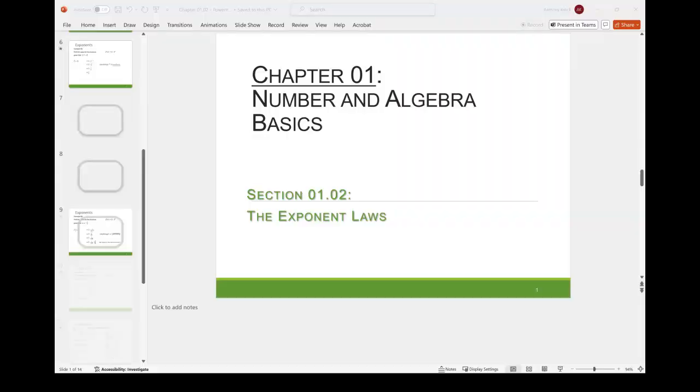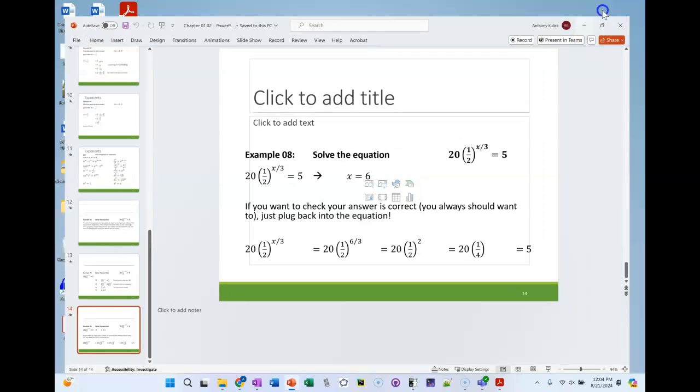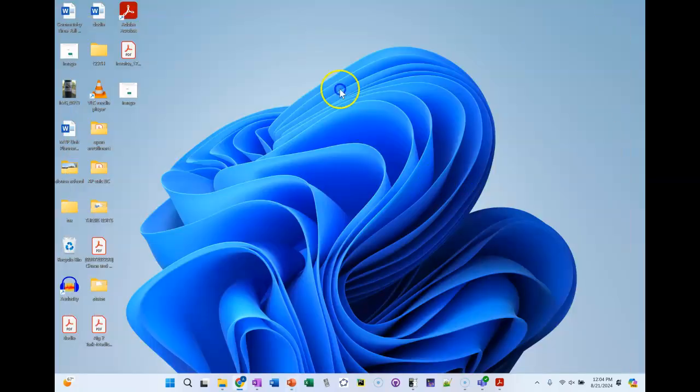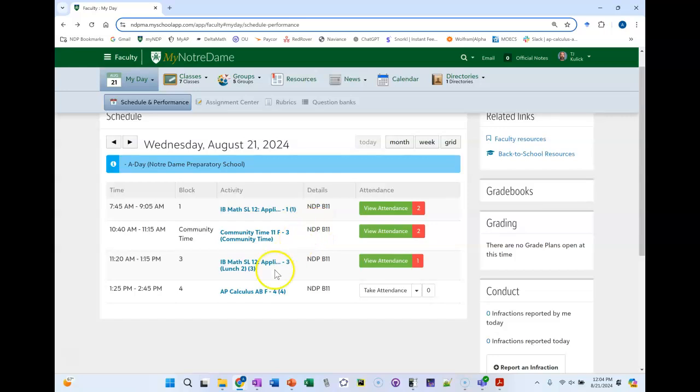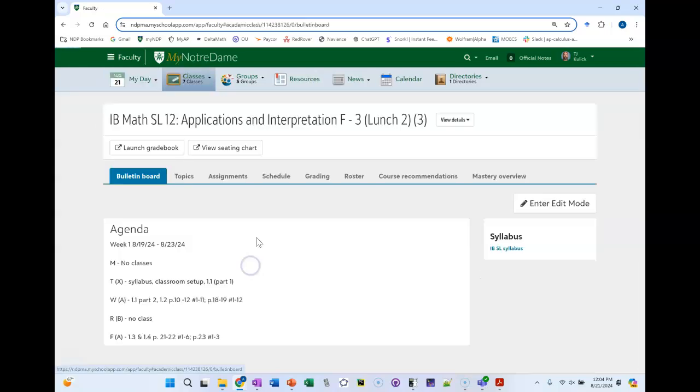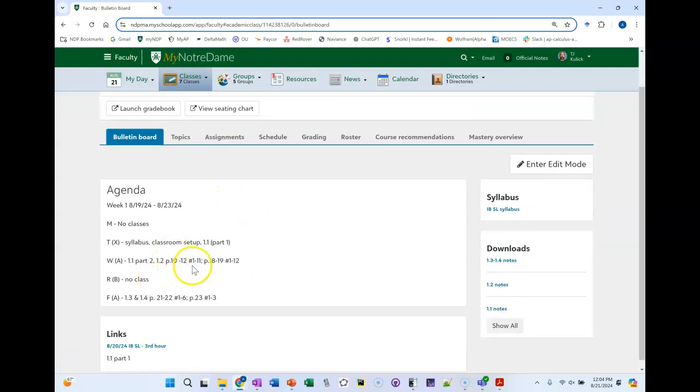That is it for us for today. So that's sections 1.1 and 1.2. If we look at My Notre Dame, I've updated the schedule for the week after our first day, so I knew what I got through. So your assignment for sections 1.1 and 1.2 are right there.